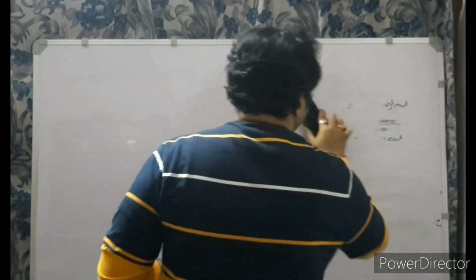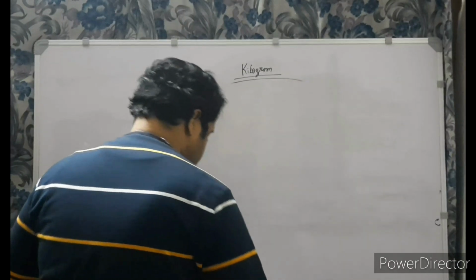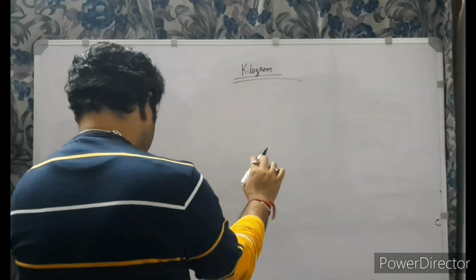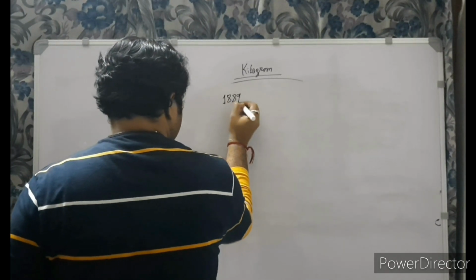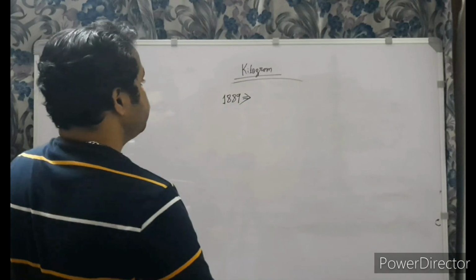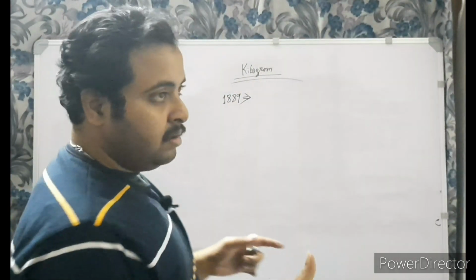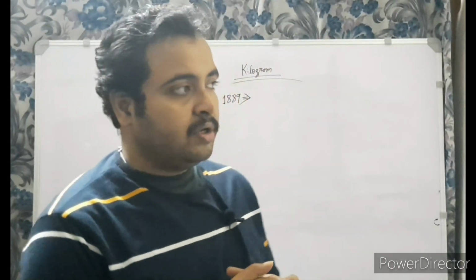What was the change? In 1889, physicists saw that the density of water turned out to be maximum not at 0 degree centigrade but at 4 degree centigrade. So they thought, very dense means what?